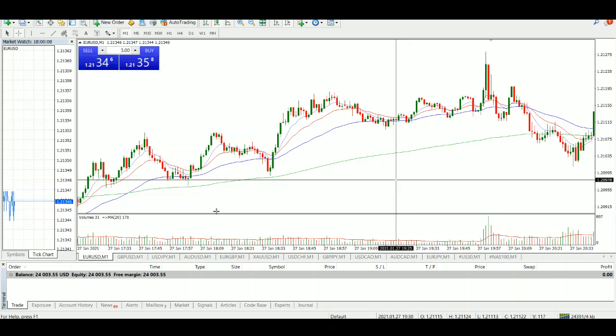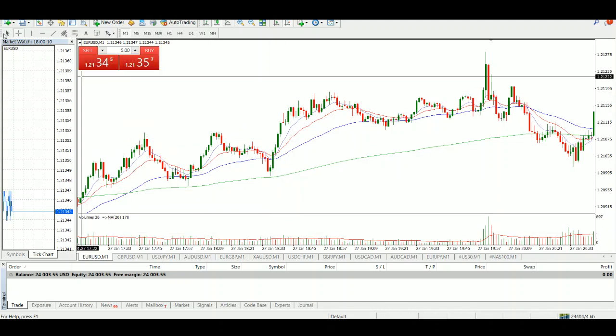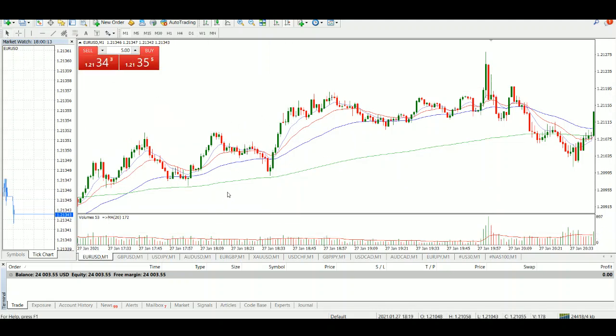And all charts, this is also one of the other secrets. All charts almost act the same, because all of them are connected to each other, because you are trading this pair and this pair and this pair, but they all, for example, these two pairs, euro dollar, GBP dollar, have the USD in common. So if the USD is going up, then both euro dollar and GBP dollar will be going down, because USD is getting very high, so it's taking the euro down, it's taking the GBP down.